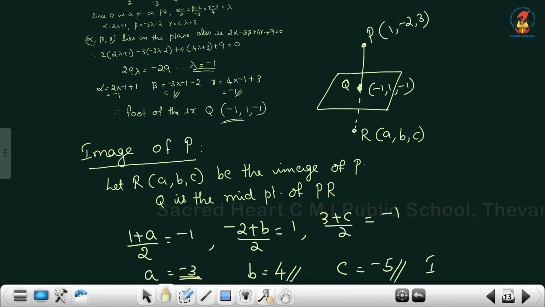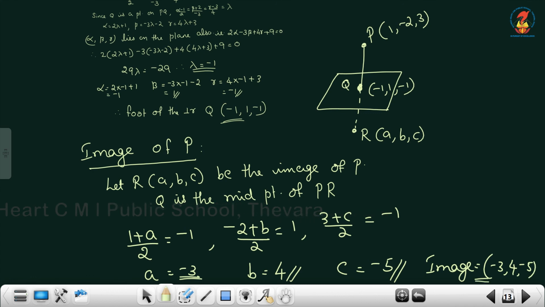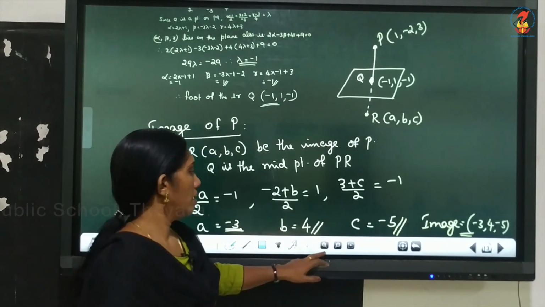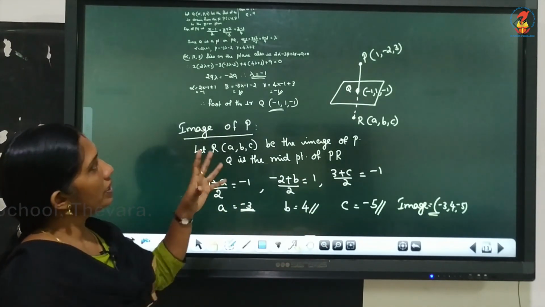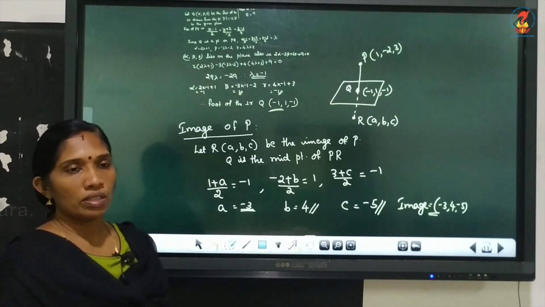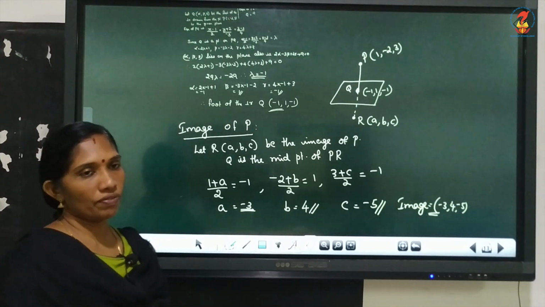So what is the image? The image coordinates are minus 3, 4, minus 1. Okay, it is a very, very important question. Then sometimes you have to find the distance between P and R or P and Q. These are all subdivisions of this question.